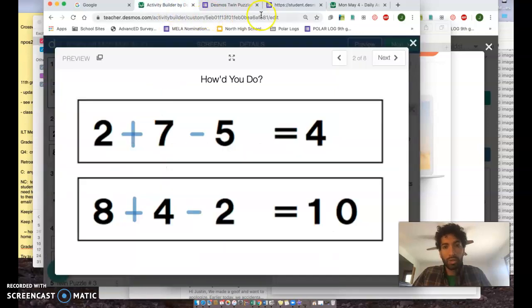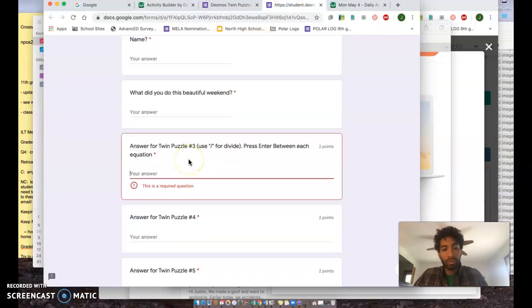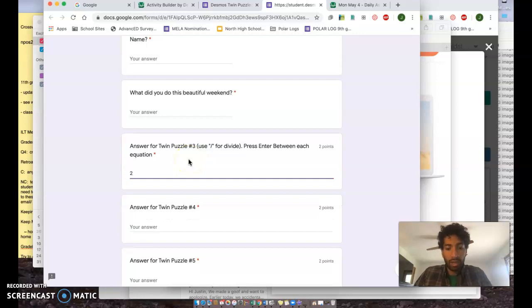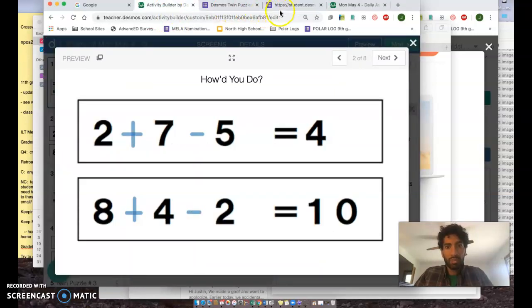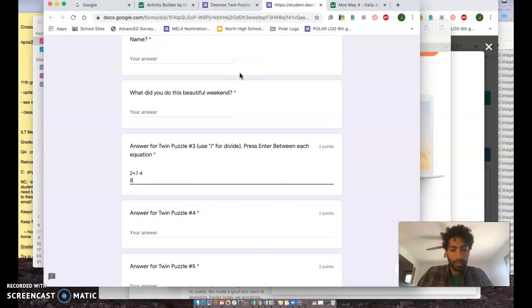So if you got 2 plus 7 minus 4, and you're gonna start with puzzle 3, but I'm just giving an example, 2 plus 7 minus 4, and then press enter, and what was your next one? 8 plus 4 minus 2. And then you could probably just write what they equal, that's fine.